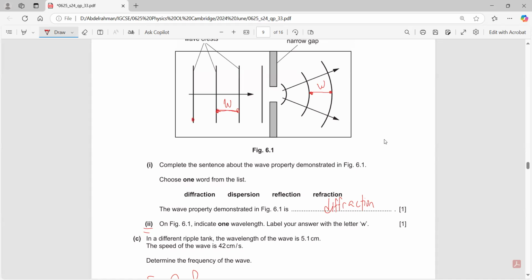This is a wave front, this is a wave front, these are all wave fronts. The distance between two wave fronts is called the wavelength. So just write down W between two wave fronts.